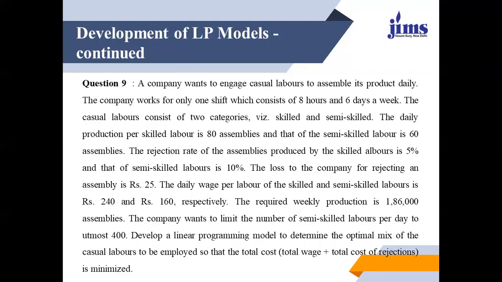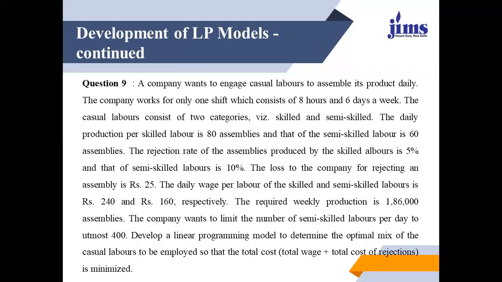The casual laborers consist of two categories, skilled and semi-skilled. The daily production for skilled labor is 80 assemblies, and that of semi-skilled labor is 60 assemblies. If skilled laborers are deployed, then there could be 80 assemblies, and if semi-skilled laborers are employed, there could be only 60 assemblies.